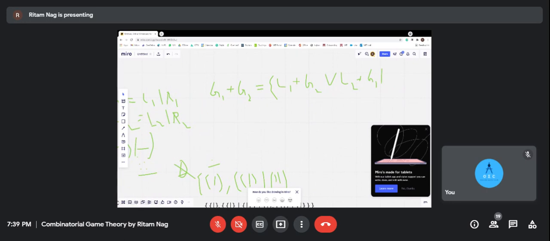I have a little doubt. So G1 plus G2 means we can play both moves, not simultaneously, right? Yes, you must play one move on exactly one of the two boards.